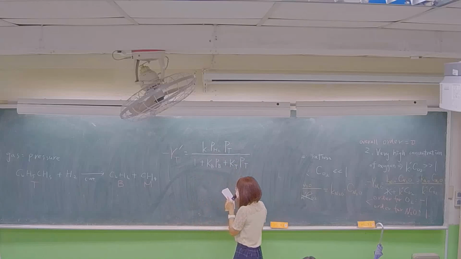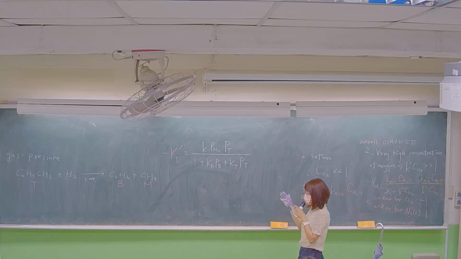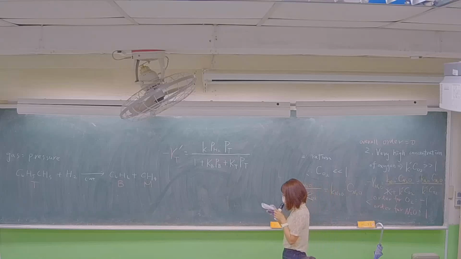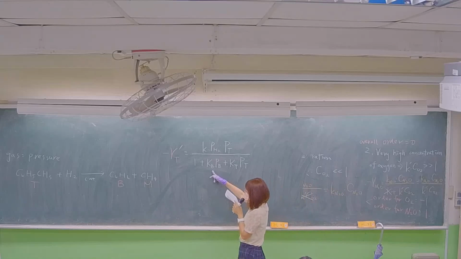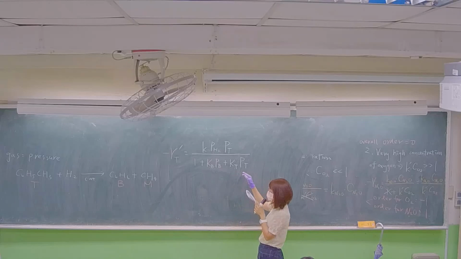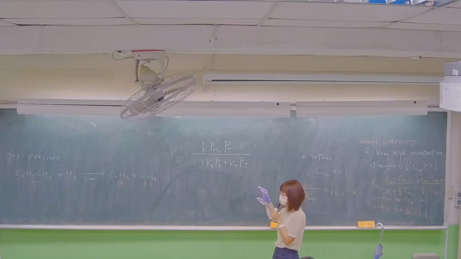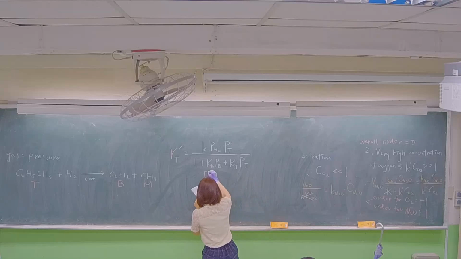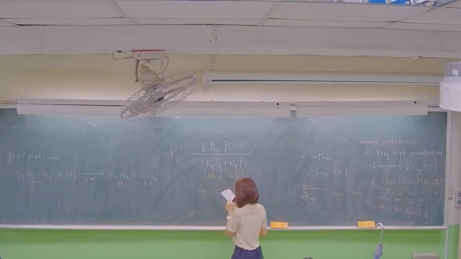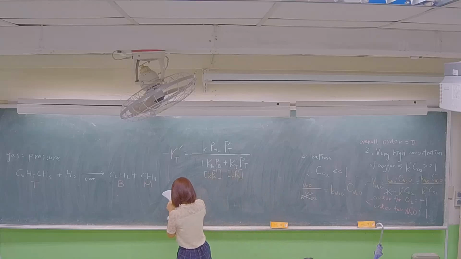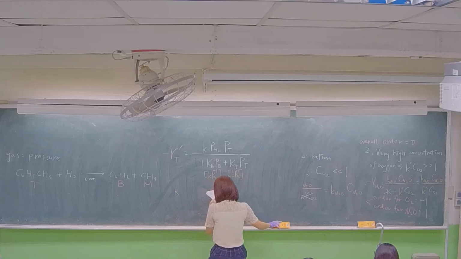I just want to show you the rate law for this reaction. KA, KB and KT are the adsorption constants, with the unit of inverse kPa. Also, I want to show you the unit of k, but I think you can calculate it by yourself.